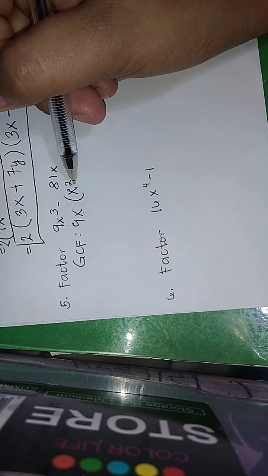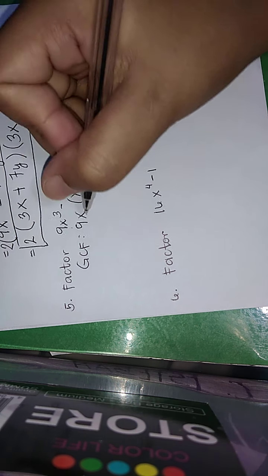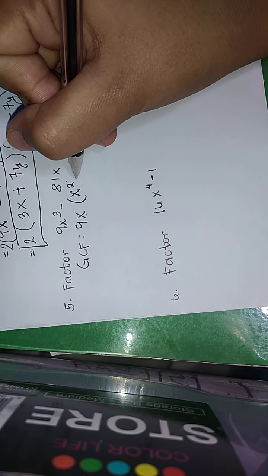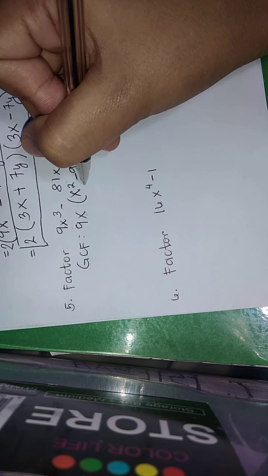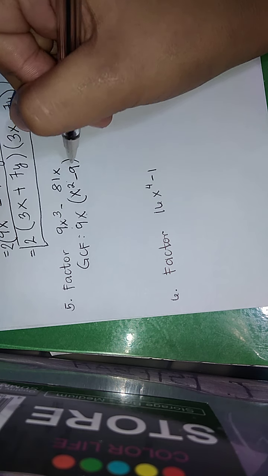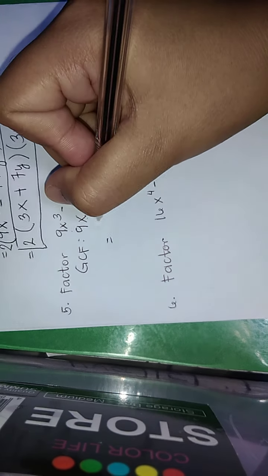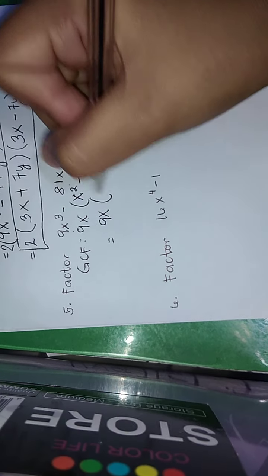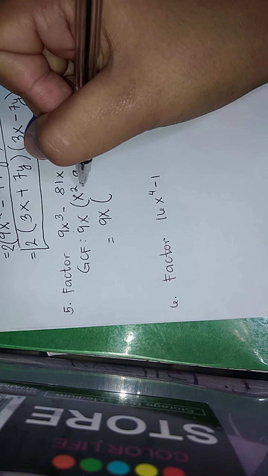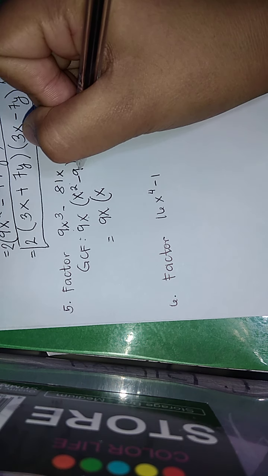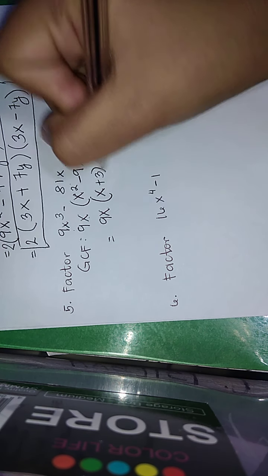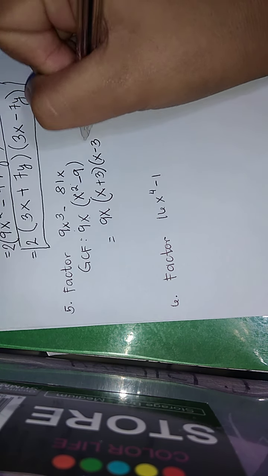Kaya meron tayong x squared. Then 81x divided by 9x is minus 9. So meron tayong difference of 2 squares, yung x squared minus 9. So copy nyo si 9x, yung GCF, times yung other factor, we have x squared minus 9. Square root ng first term is x, square root of 9 is 3, then x plus 3 times x minus 3.